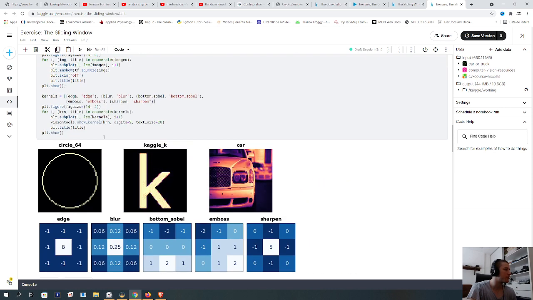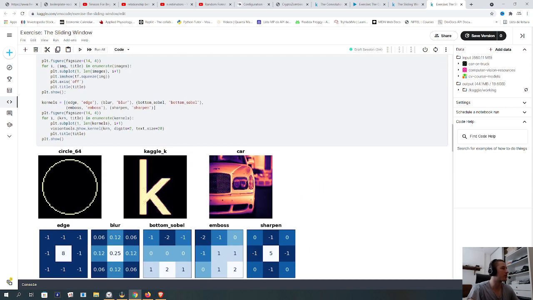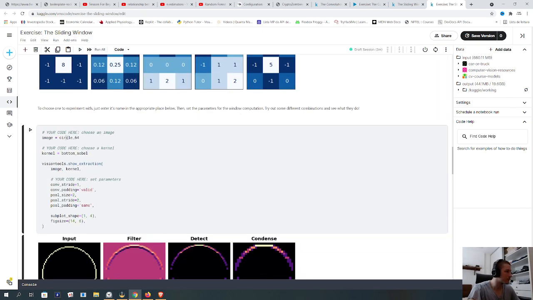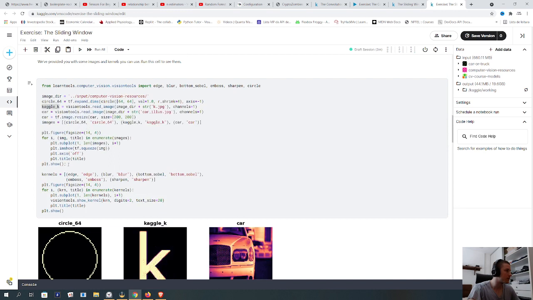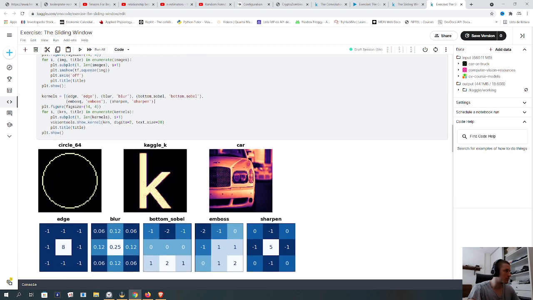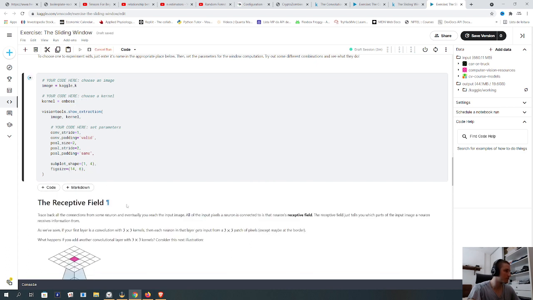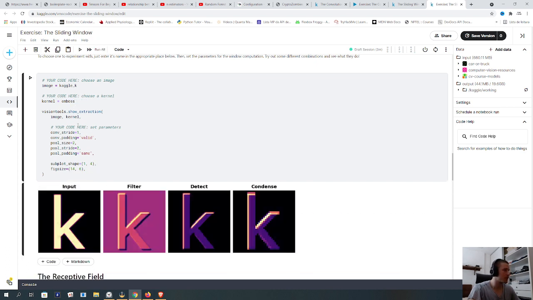I'm going to test with the Kaggle K to see. On the kernel, I'm going to choose emboss. Now let's change the conv stride to 3.